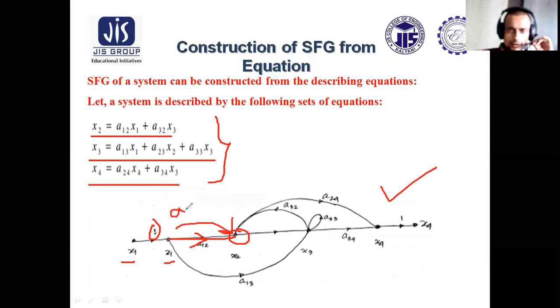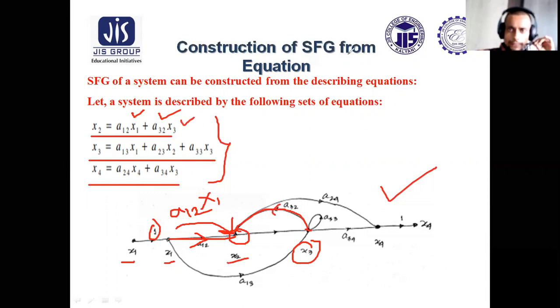So this signal is A12 x1. Again, x2 is addition of A12 x1 and A32 x3. This is A32, this is x3. So x3 multiplied by A32 will enter at node x2 to validate this equation.